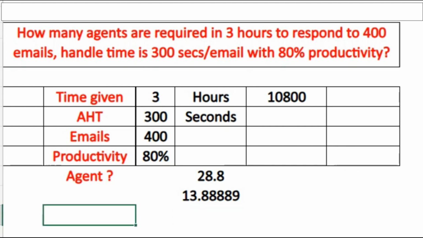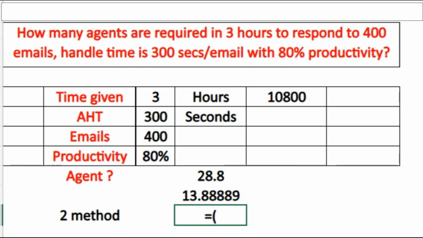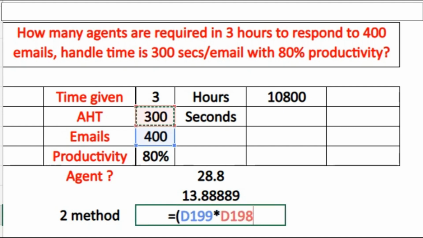Now let's go to the second method of finding how many agents we need. In the second method, we have to find the workload. Your workload is your number of emails multiplied by your AHT, bracket close, then bracket open, and the interval time is 3 hours.